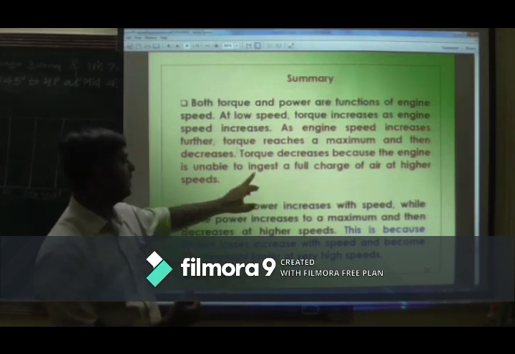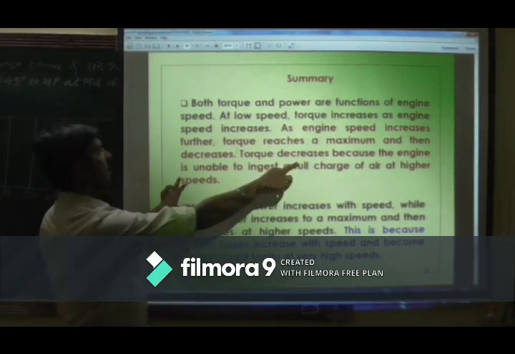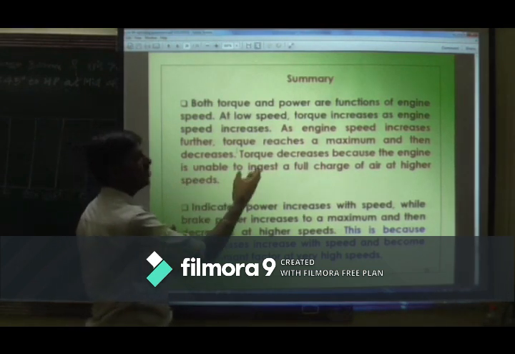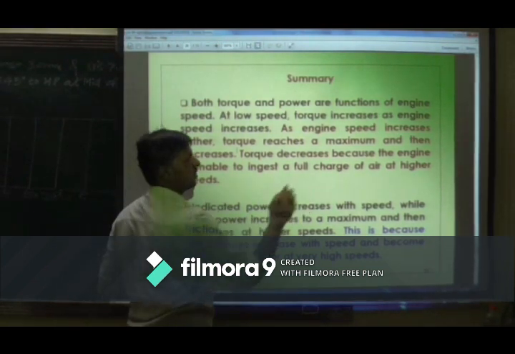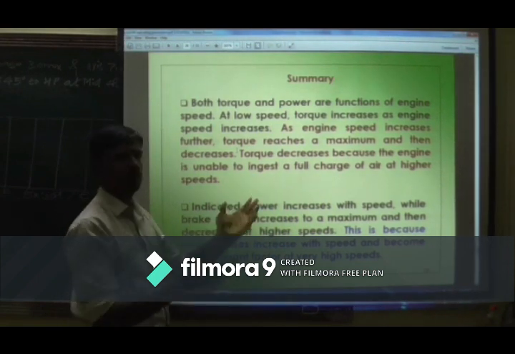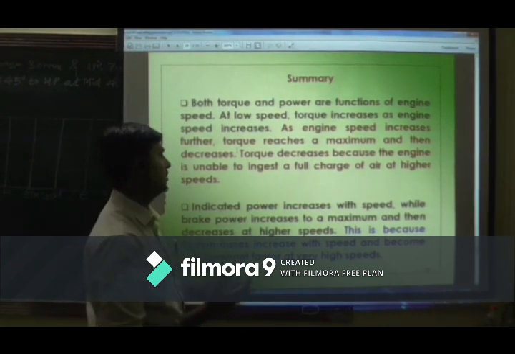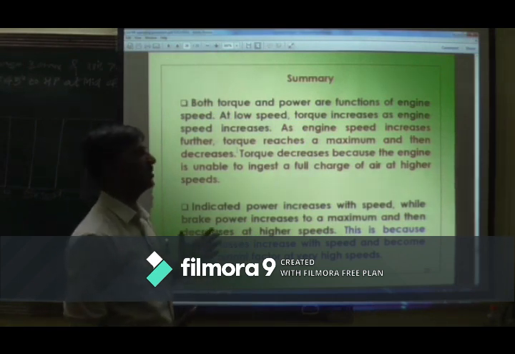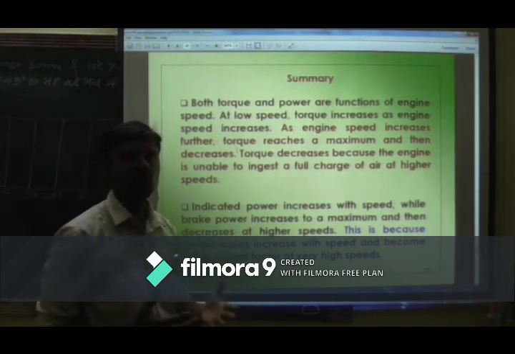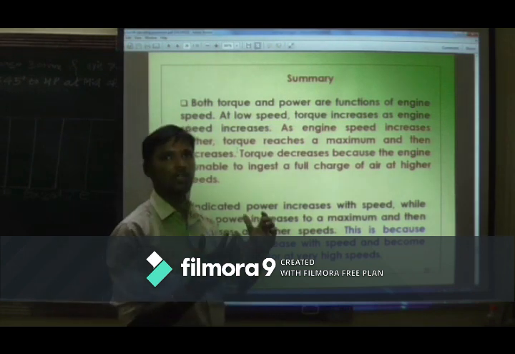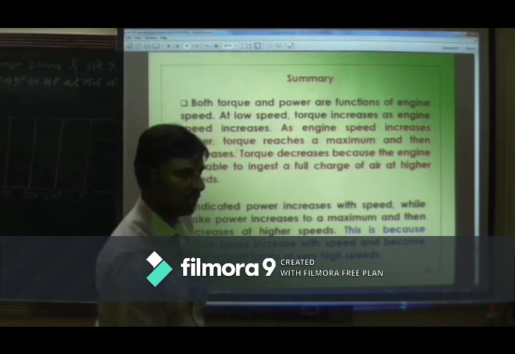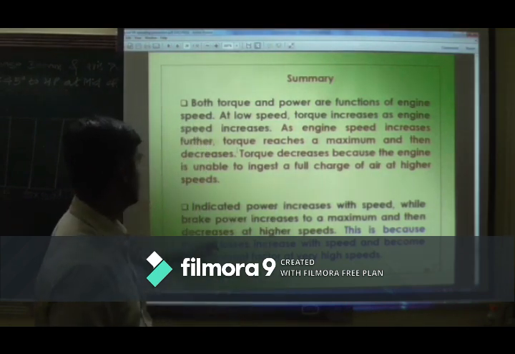But what they are saying is that the piston of that engine is unable to ingest a full charge. It is unable to pull more air into the combustion chamber, so pressure also will not increase. So the torque we are getting is not greater than the maximum torque, and it will decrease after some time or after increasing speed.